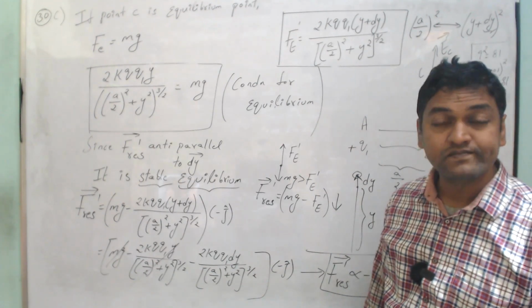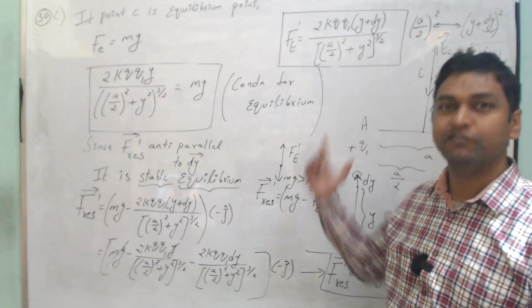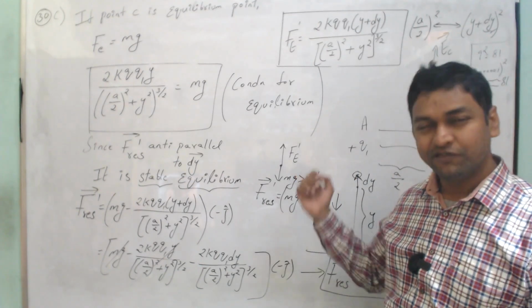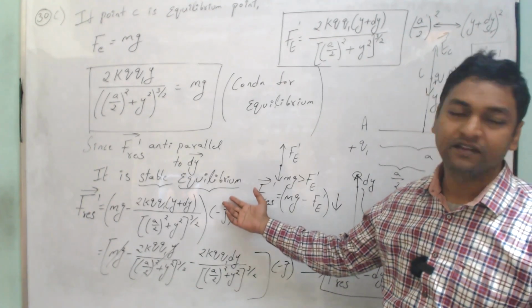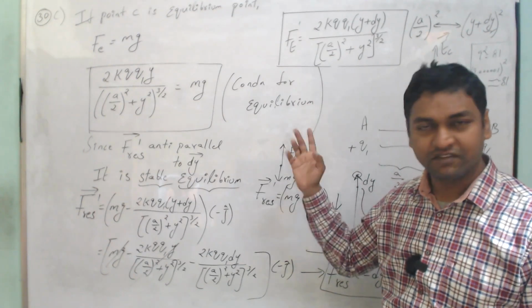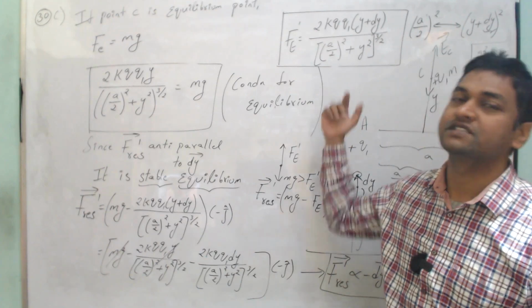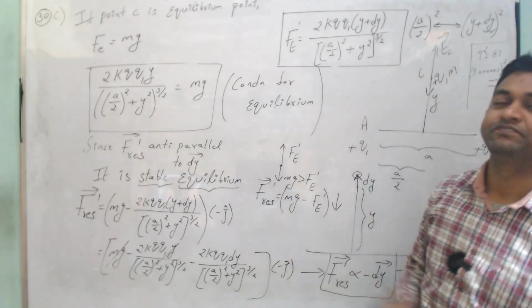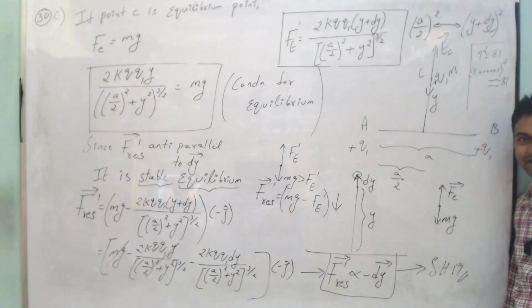Push it downward, then it will go upward. If you push it upward, it will come downward. That's why it is stable equilibrium, right? And it is going to do SHM. If you push it anywhere, only along downward, upward, it is going to do SHM. Clear?